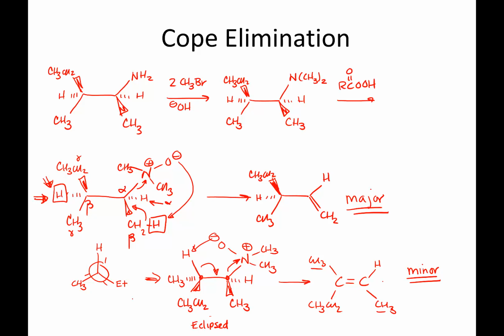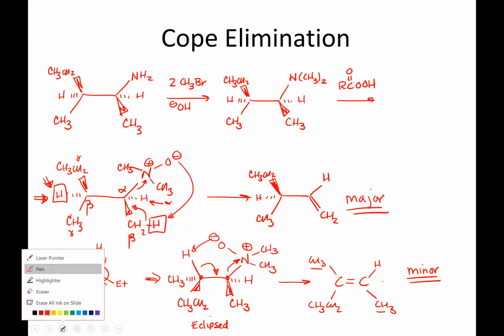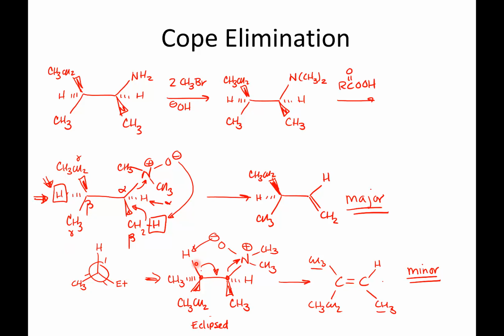Eclipsing this hydrogen is the amine oxide group. The hydrogen and the methyl group are eclipsed, and the methyl and the ethyl group are also eclipsed.